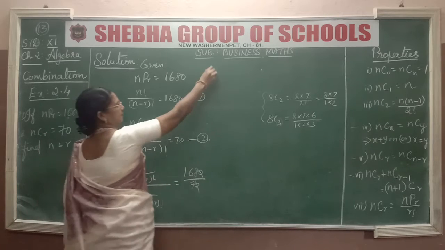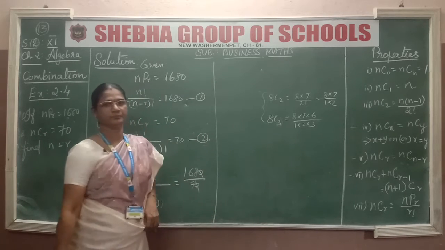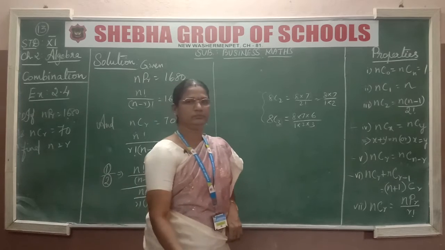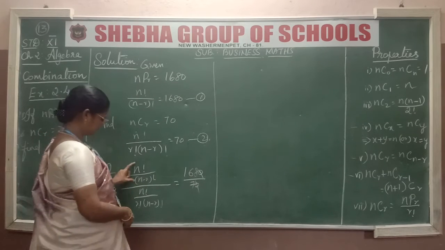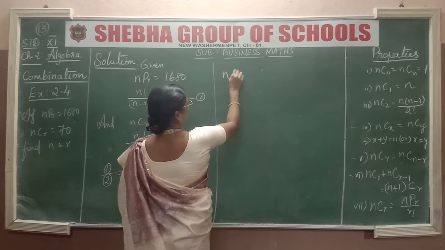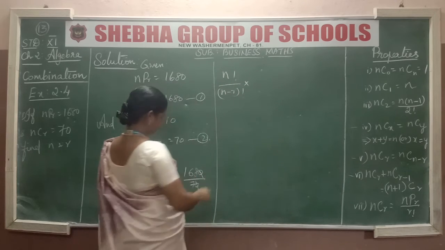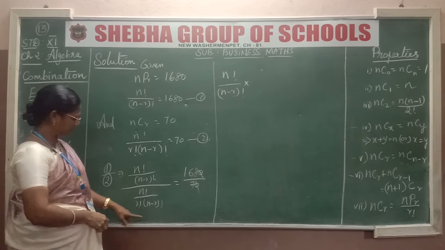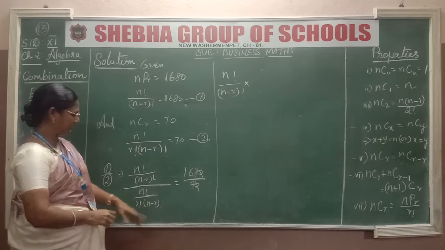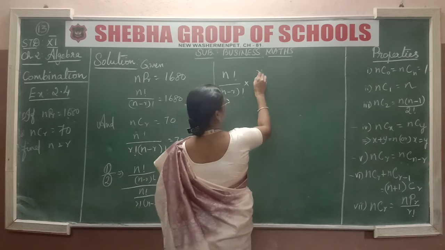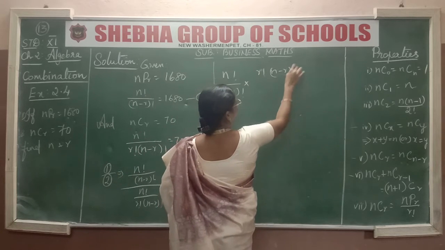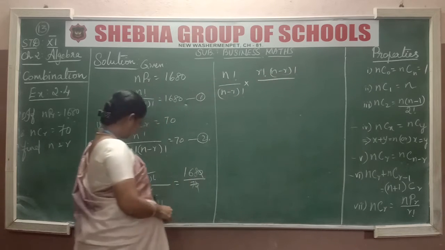Next, write n factorial by n minus r factorial into its reciprocal, that is r factorial into n minus r factorial by n factorial.